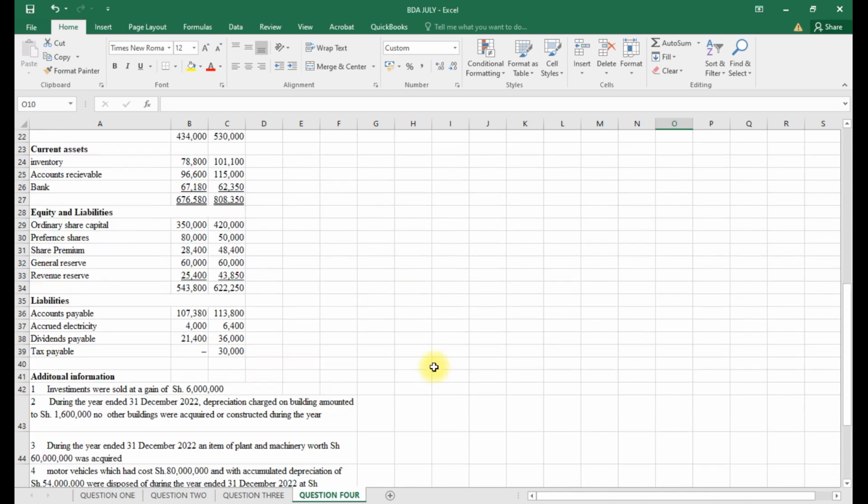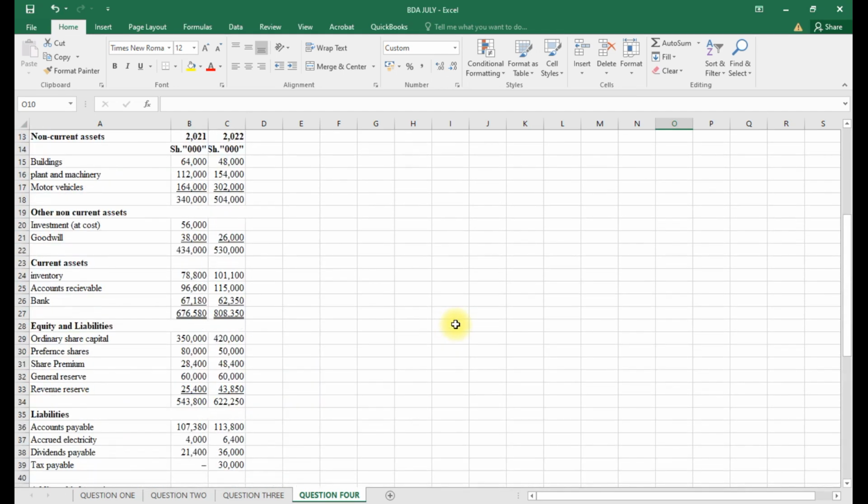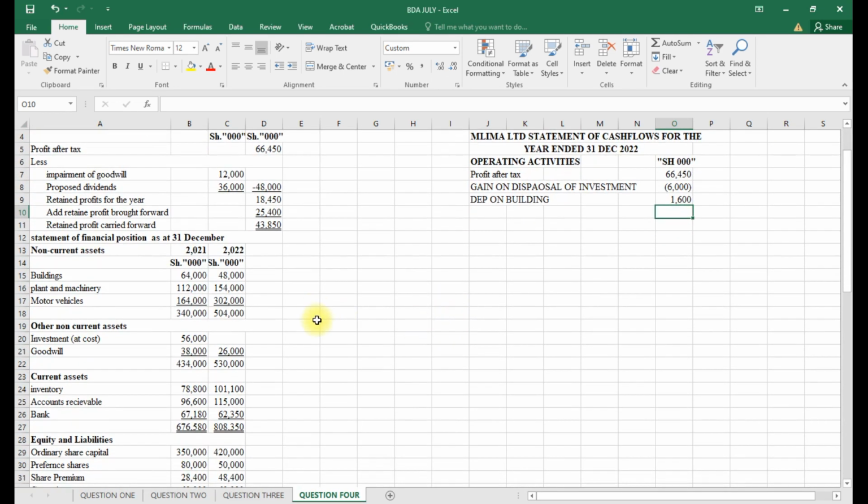So if we look at these, whether it was a gain or a loss, the cost of this one was 80 and it had accumulated depreciation of 54. Minus 54, and you get the net book value. So the net book value equals 26.